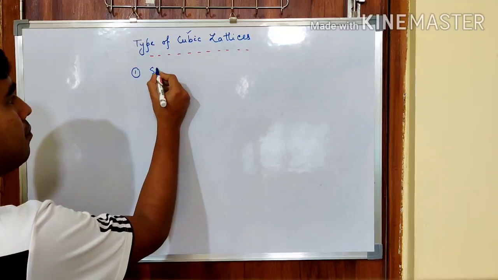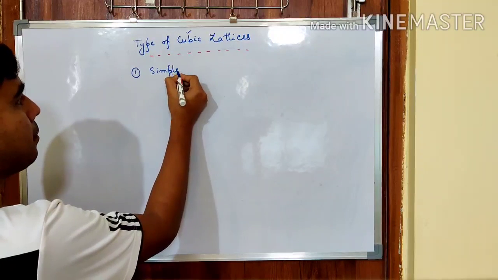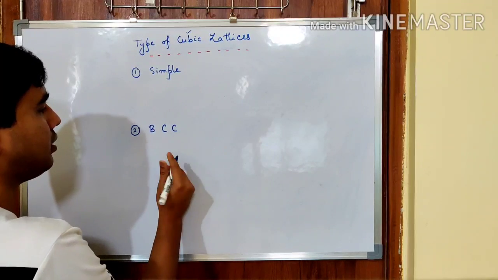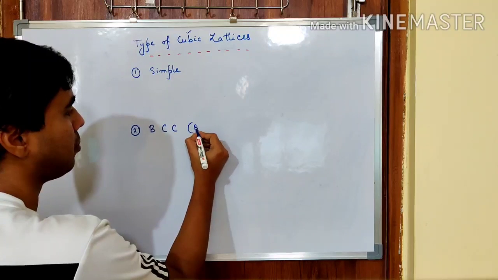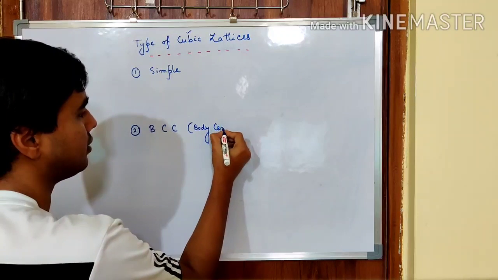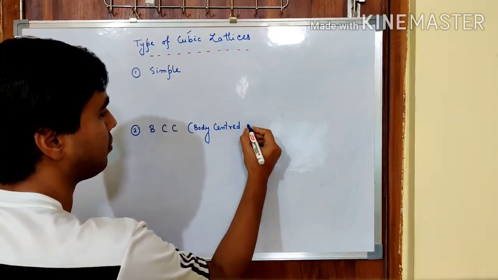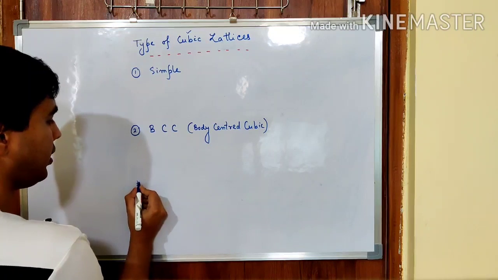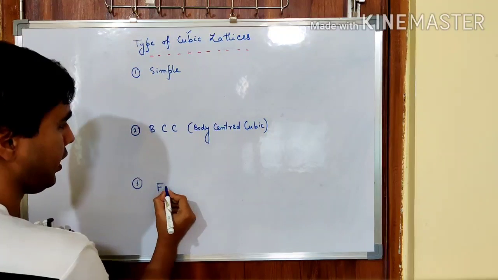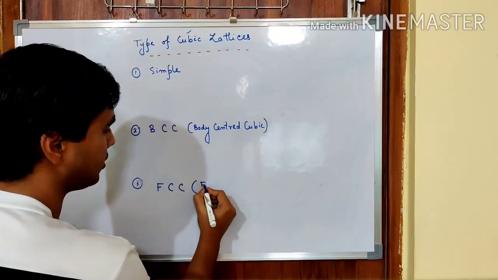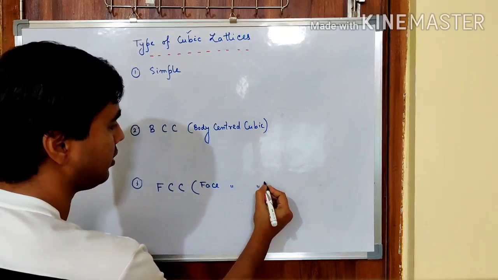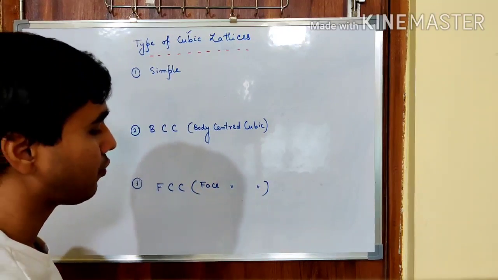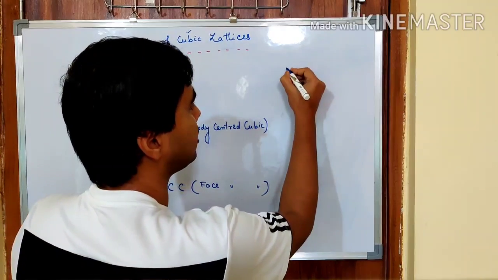First one is simple, second one is BCC, also called body centered cubic unit cell, and the third one is FCC, that is face centered cubic unit cell. Now we are going to discuss the structures in detail. So for that, let us draw this cubic unit cell.